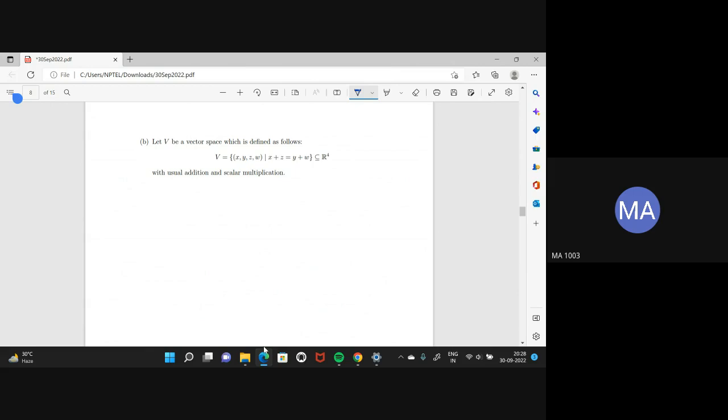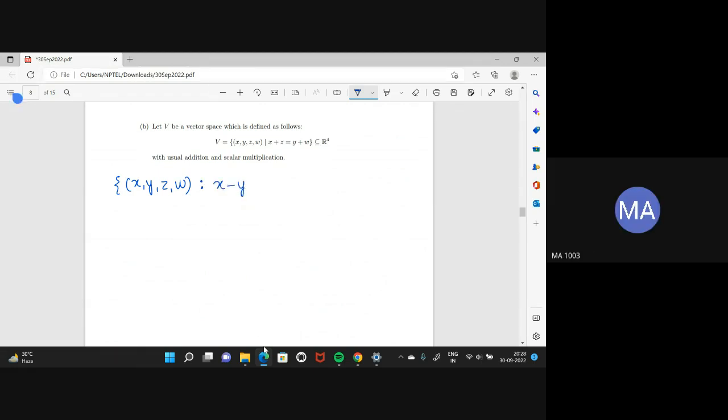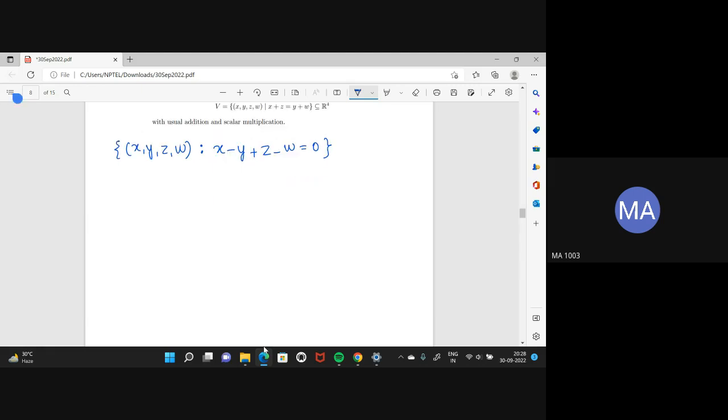So can you find a basis for this vector space? First of all, identify what the vector space is. Where does this vector space lie? R4. Yes. So there is one condition, x minus y plus z minus w is equal to 0. How many variables can I keep as dependent and how many as independent? 3 independent.